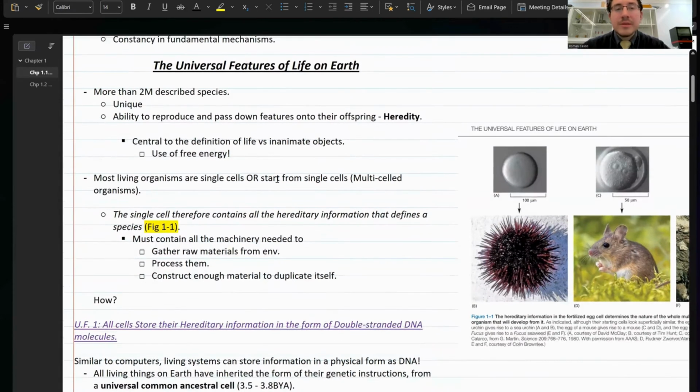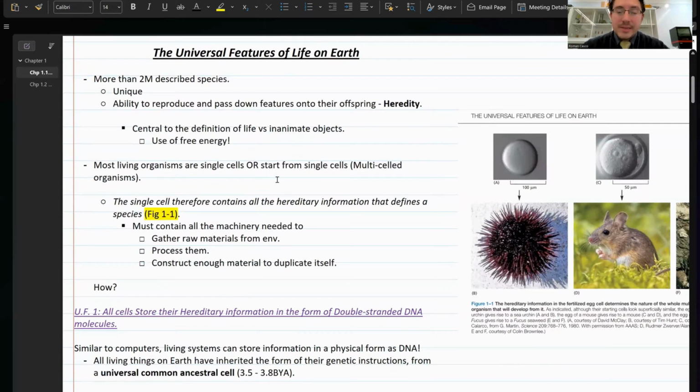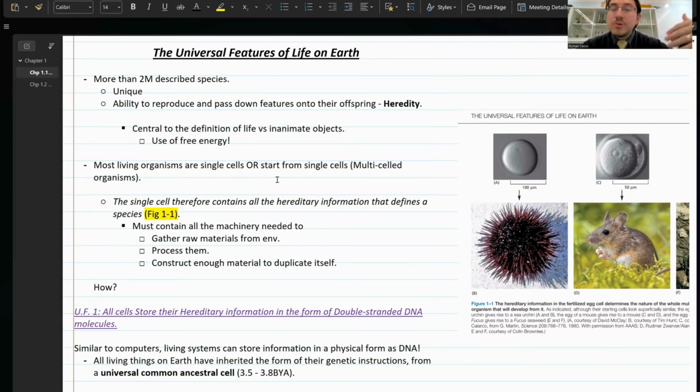And one of the things that it gets into is that it reiterates this idea of species, right? And there's so much diversity. There's plus 2 million described species, right, that are unique in their own way. But nevertheless, despite this explosion of diversity, we all revolve around, sorry, this idea that we're able to reproduce and we're able to pass down features that we have within ourselves onto offspring, right?